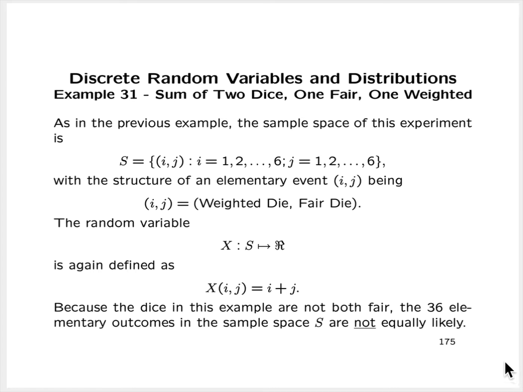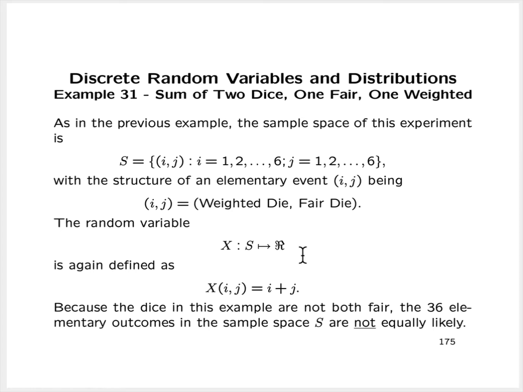Now, as in the previous example, the sample space of this experiment is given by the set of ordered pairs (i, j), where i ranges from 1 to 6, and also j ranges from 1 to 6, with the structure of an elementary event, ij, being as follows. i is going to be the number obtained on the weighted die, and j, the second coordinate, will be the value obtained on the fair die.